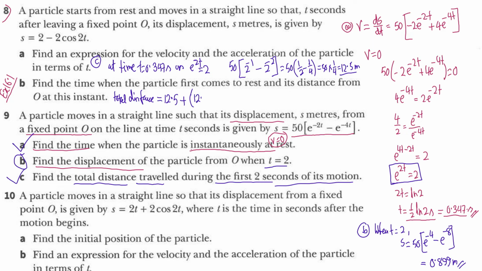So what is the value that comes out? 12.5 minus 0.899.